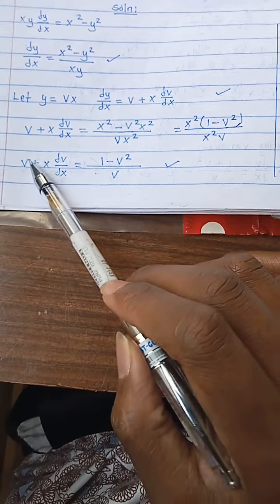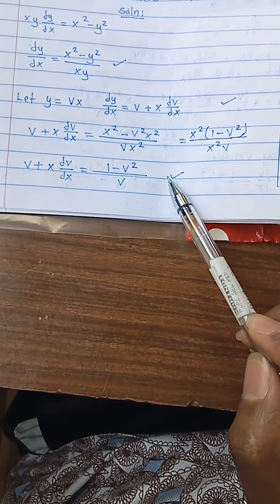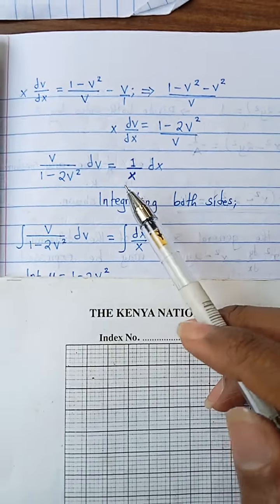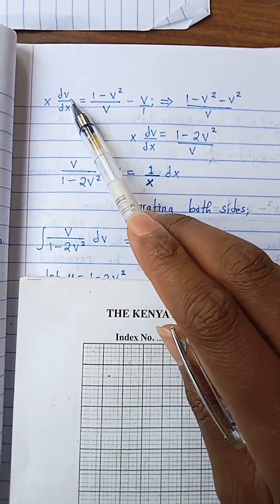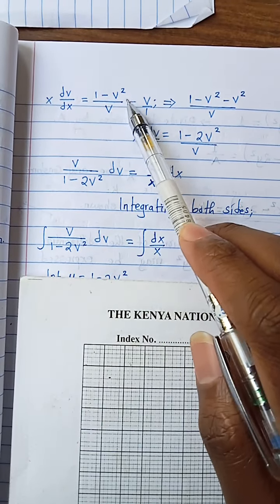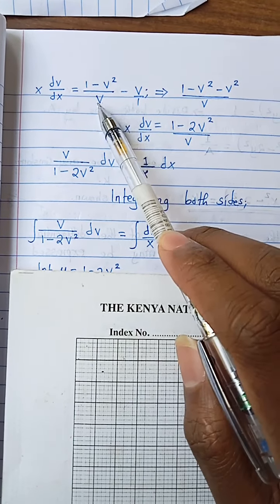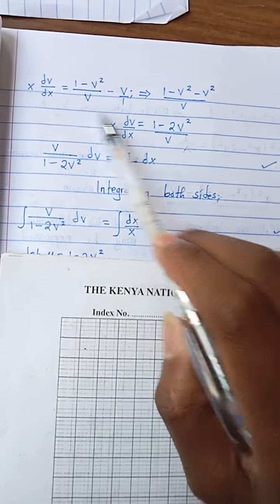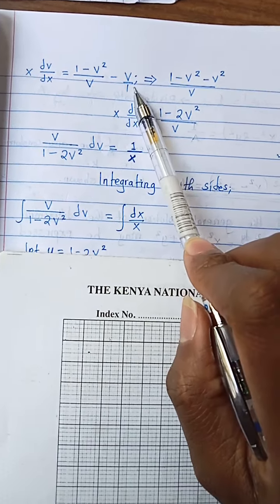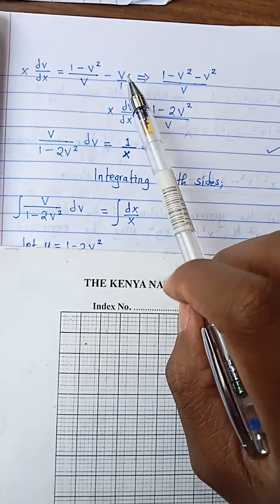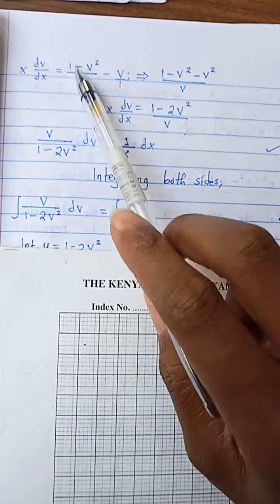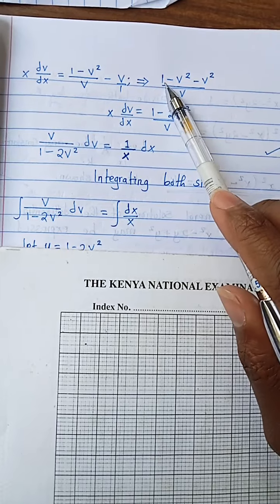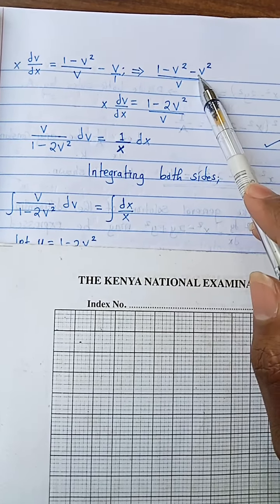If now we take this v to the other side, that means we subtract v, and it simply means this becomes x dv/dx = (1 − v²)/v − v. If we solve this part as a fraction, we will get (1 − v² − v²)/v.